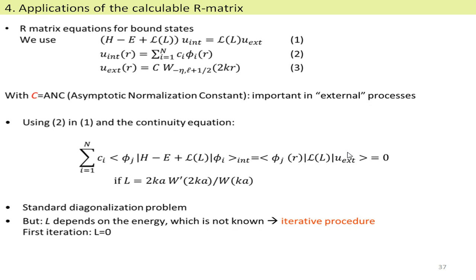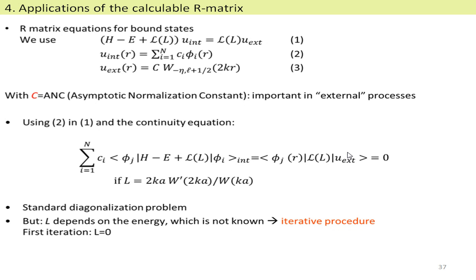So you can use any subroutine that you like to diagonalize. But there is one problem: this constant L depends on the energy, and you don't know the energy. So this is an iterative procedure.